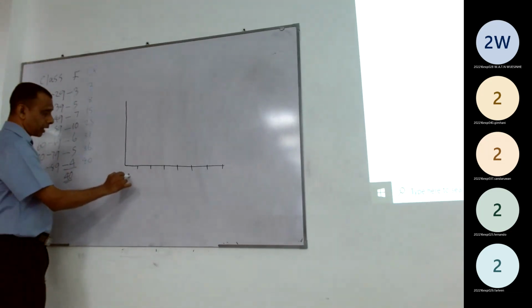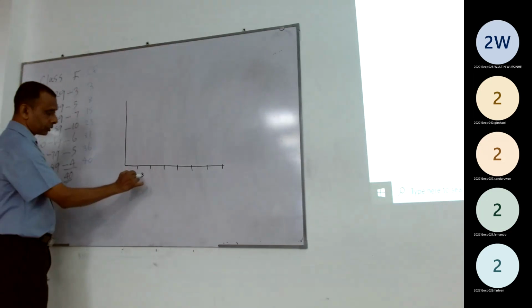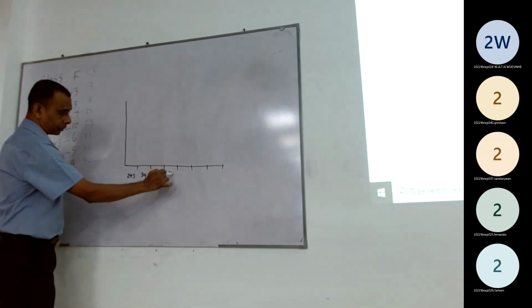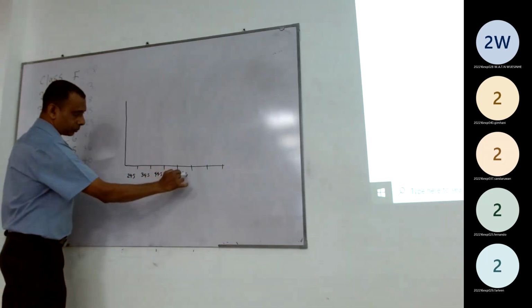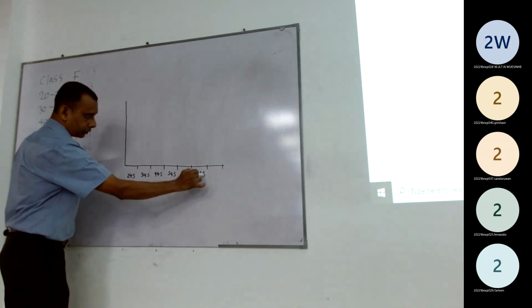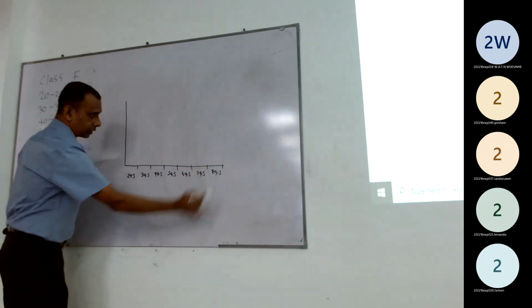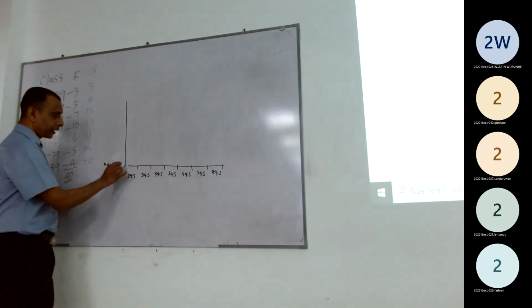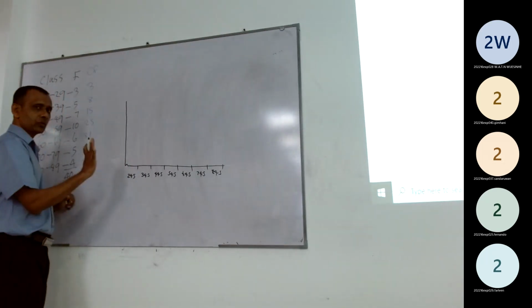Then I mark the mid values 24.5, 34.5, 44.5, 54.5, 64.5, 74.5, 84.5. Sometimes if you are not starting from 0, you can use a zigzag line like this. If you want, you can use it, no problem.